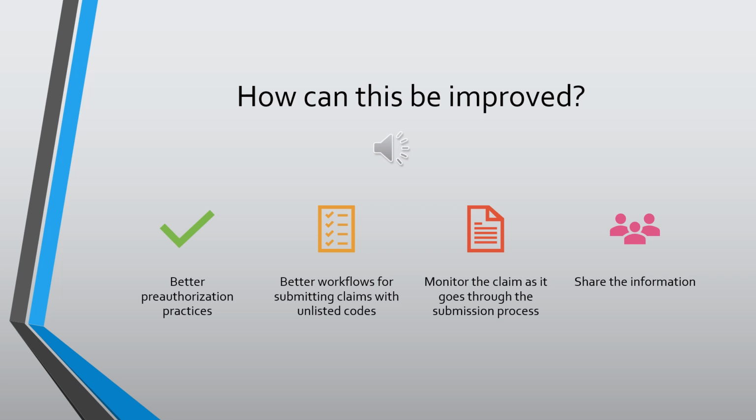All of this information should be submitted with the claim on a cover letter. The claim should also include a detailed description of the procedure, and other items to submit include the certificate of medical necessity and the discharge summary.